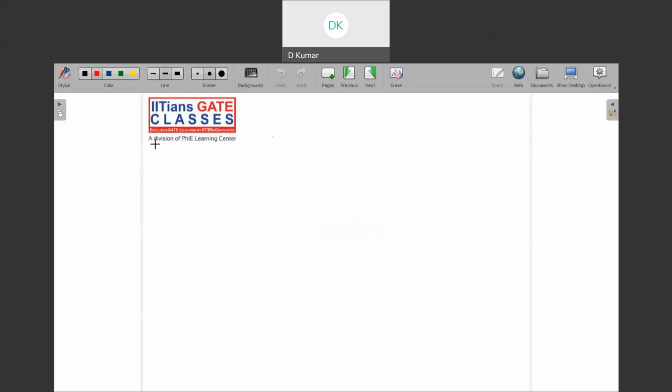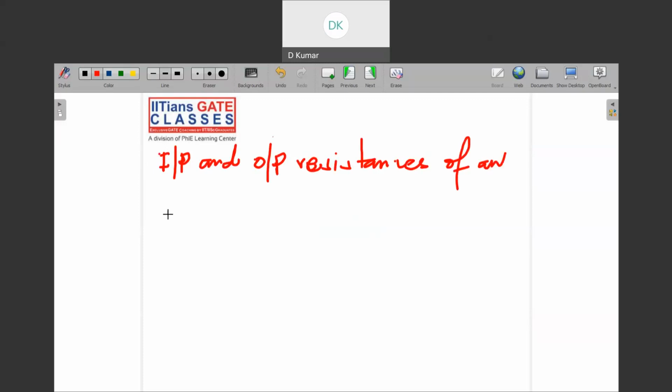So the topic of today's discussion is going to be the input and output resistances of an amplifier using an op-amp.